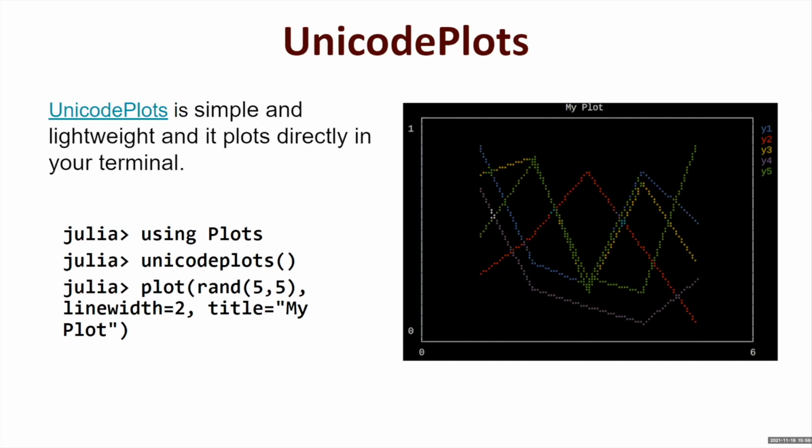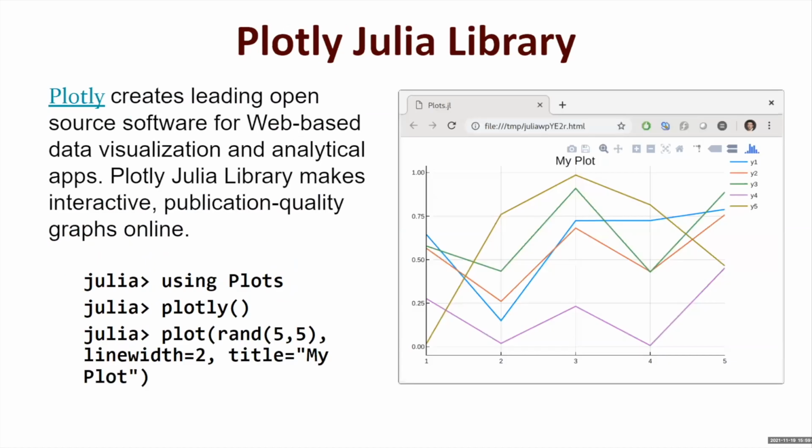So you can draw not just simple lines, you can draw complicated plots with a function called UnicodePlots, which is one of the backends of the Plots module. That's really useful if you don't have access to a graphical user interface, or you don't have X forwarded to you.